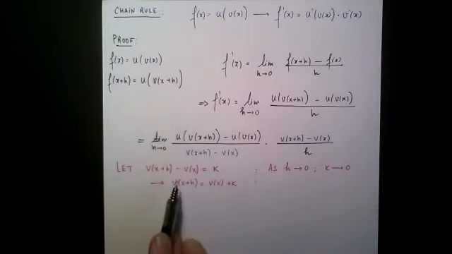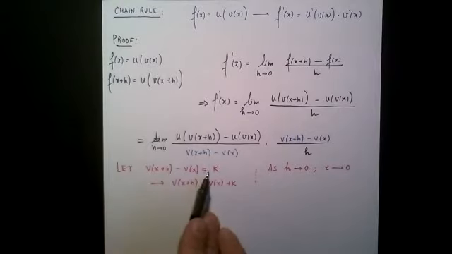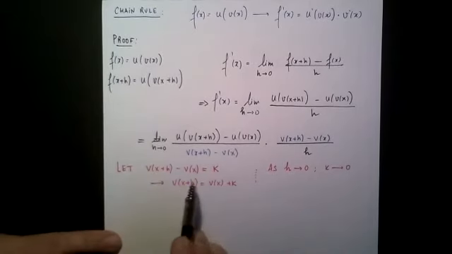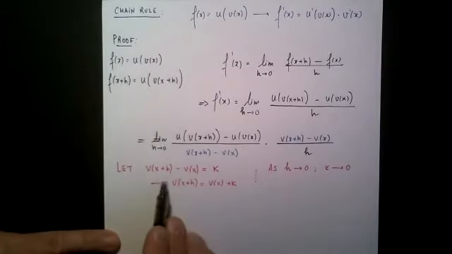There are functions, not in this course, that just jump forever, and so on. No matter how close you are to 0, this difference could always be huge or infinity or whatever. But we're not going to talk about these crazy functions. For this course, we're talking about nice functions. So for these types of functions, as h approaches 0, k also approaches 0.